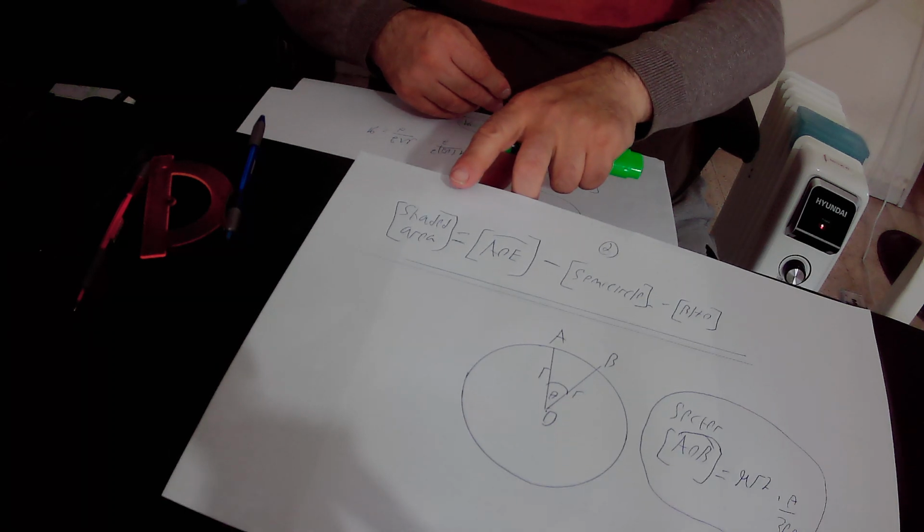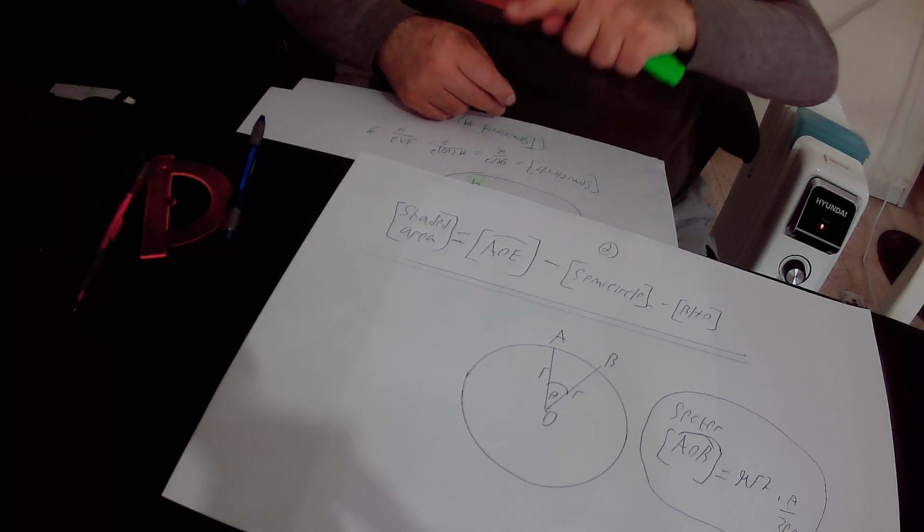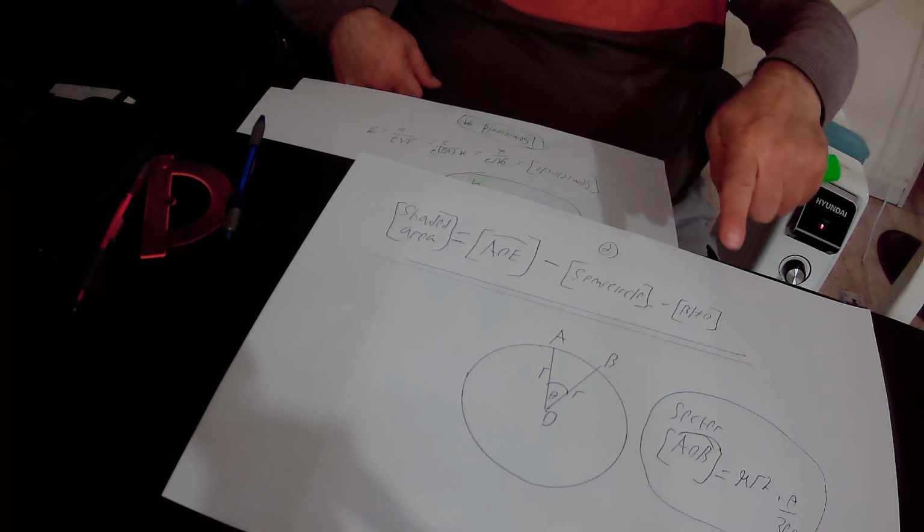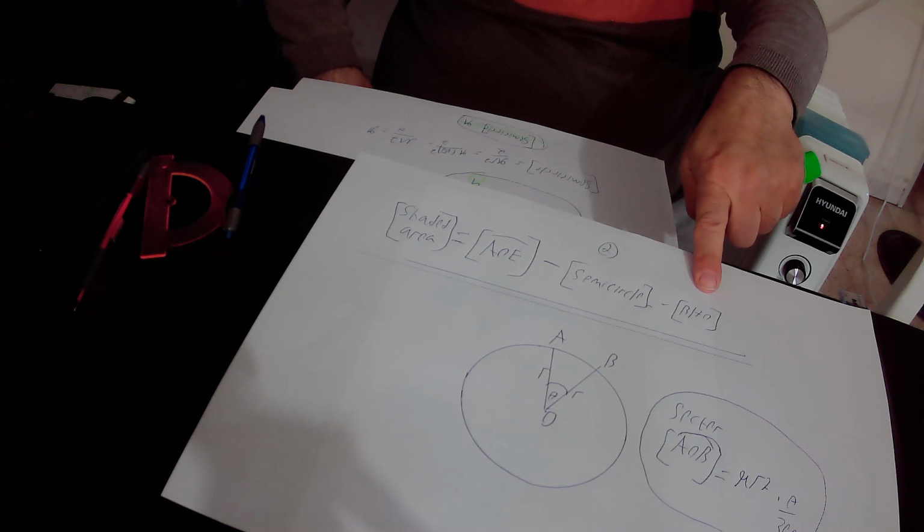The value of the shaded area equals the area of sector AOE minus the area of the semicircle minus the area of the orange small shape VHO.